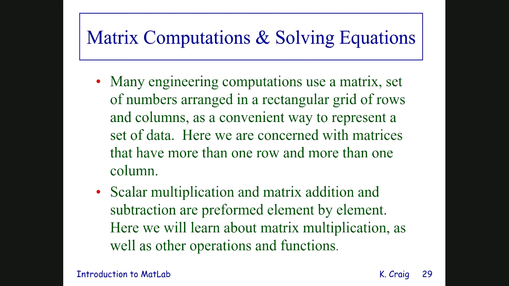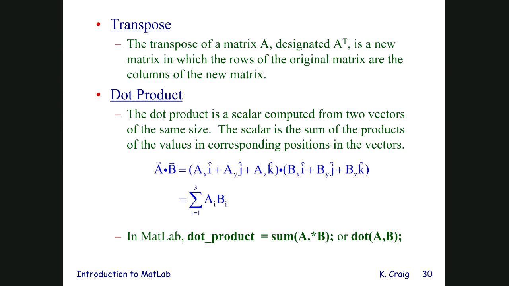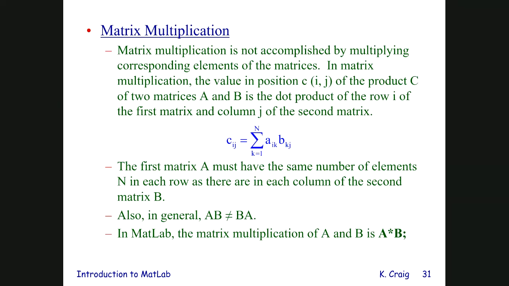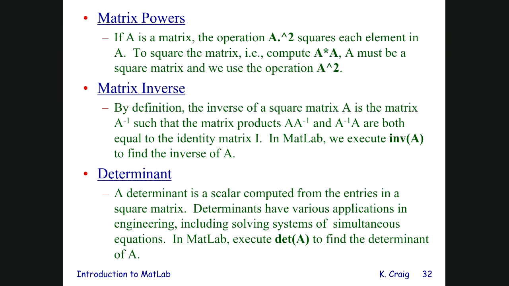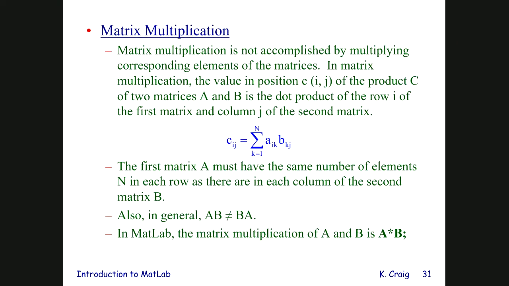You can do matrix operations. That is the main starting point. You can have dot product. Multiplication of matrices is very simple. You just say A times B, for example. If A is a matrix and B is a matrix, it is A times B. By the way, A dot times B means element by element multiplication.